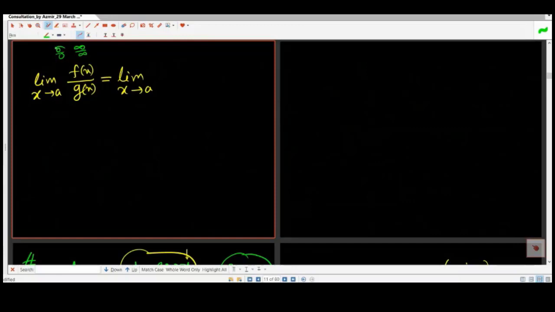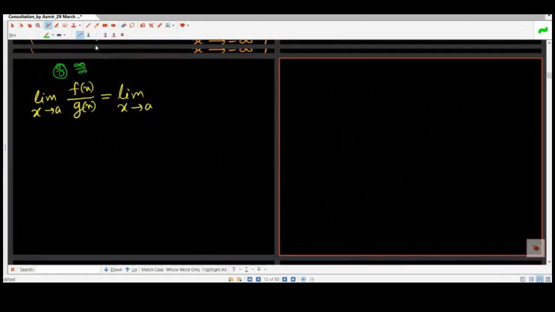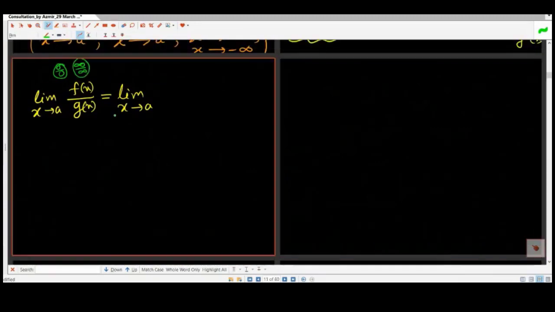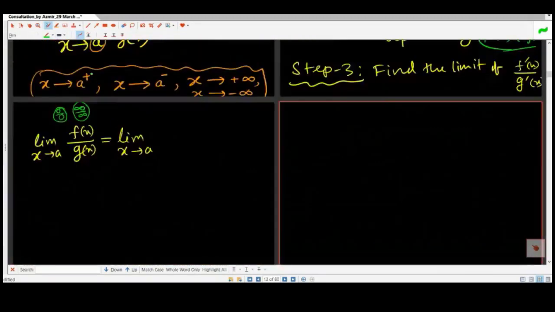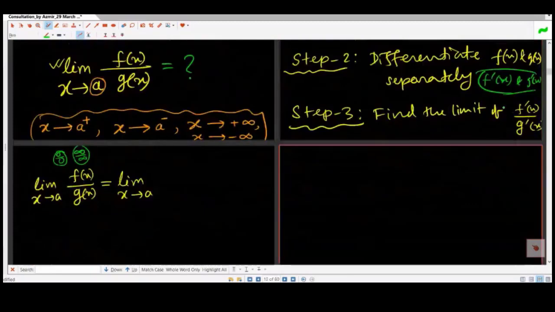If it is of 0 over 0, we can apply L'Hopital's rule. If it is of infinity over infinity, we can apply L'Hopital's rule. So in step 1, we have to check whether it is of 0 over 0 or infinity over infinity or not.